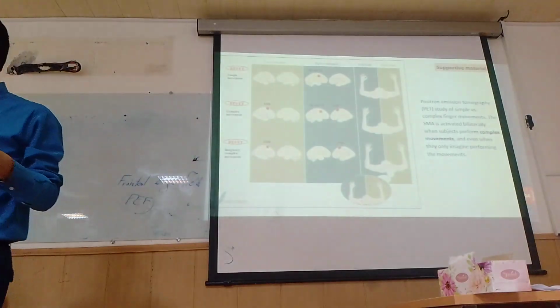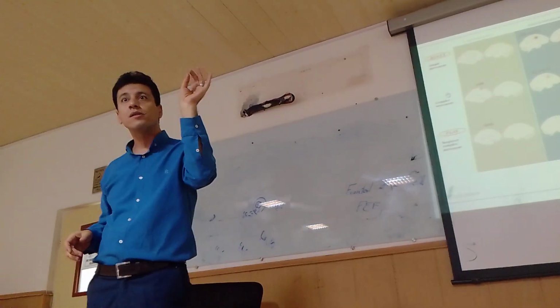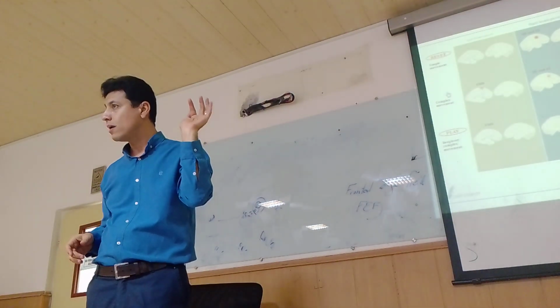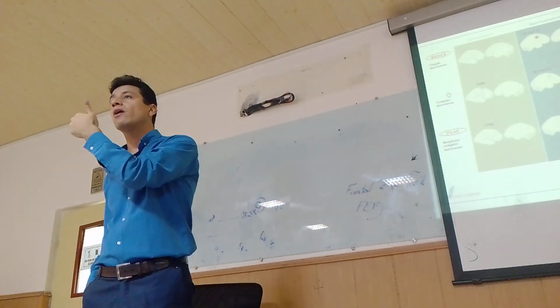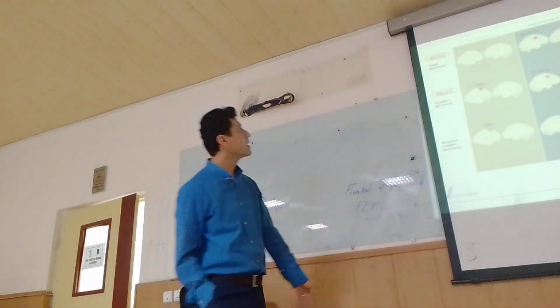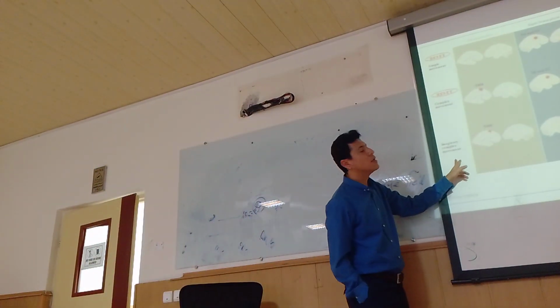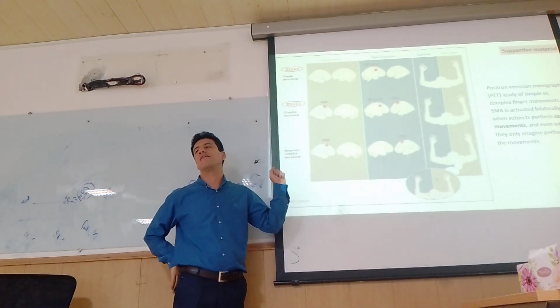I told you that supplementary motor area works bilaterally. So both of them should be activated in order to do this sequential movements. And because we are working with the left hand, the right primary motor cortex and the right somatosensory cortex are activated.